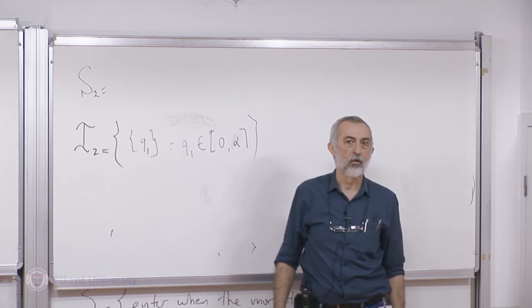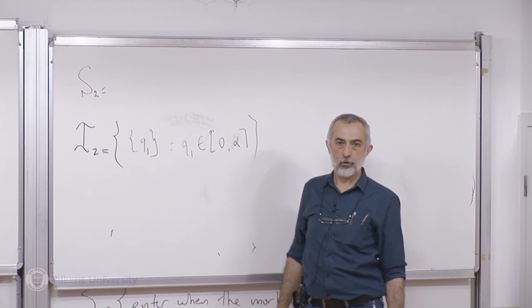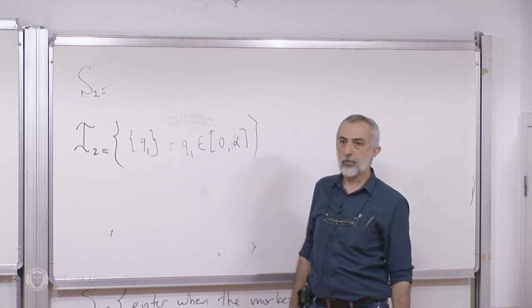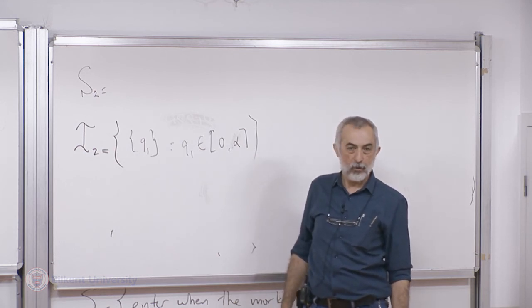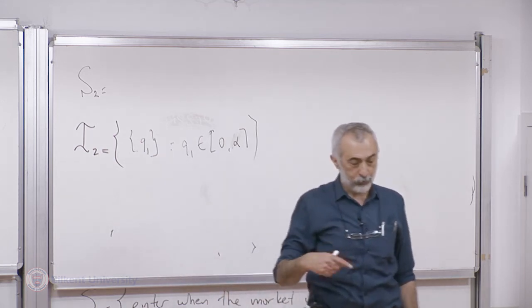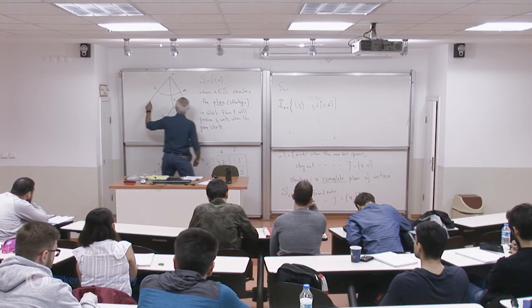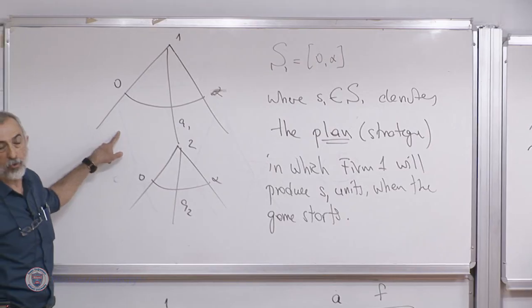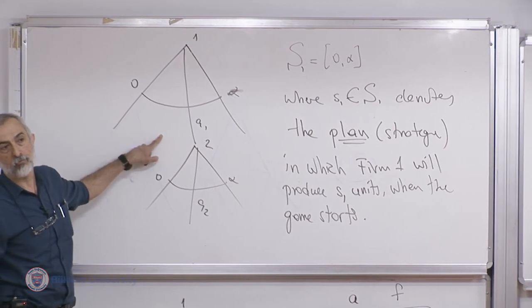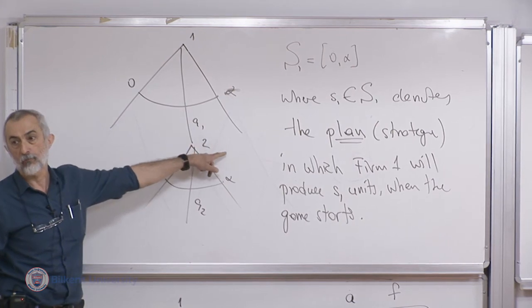So, a strategy of player 2 should be a function which tells us what firm 2 decides to produce. If firm 1 produced 0 units, if firm 1 produced 0.1 units, if firm 1 decided to produce 2.36 units, and so on.